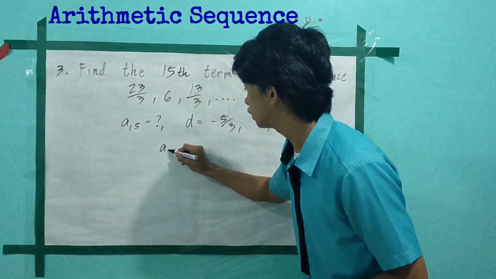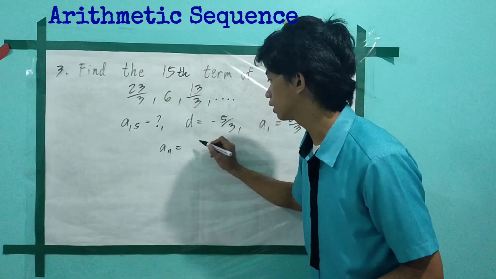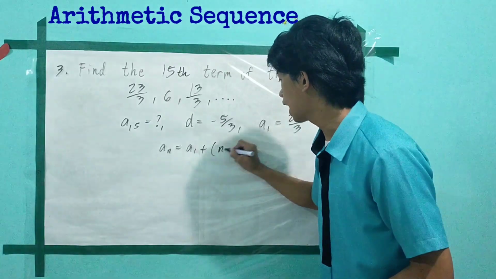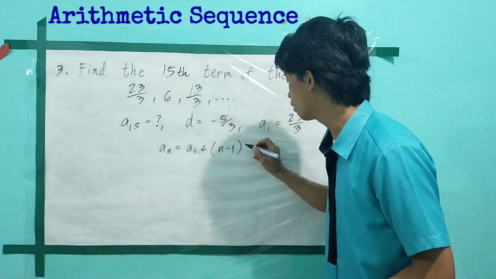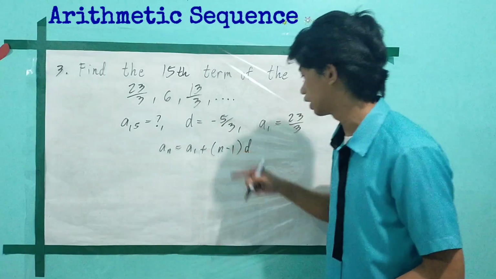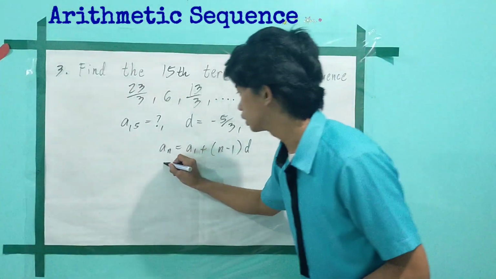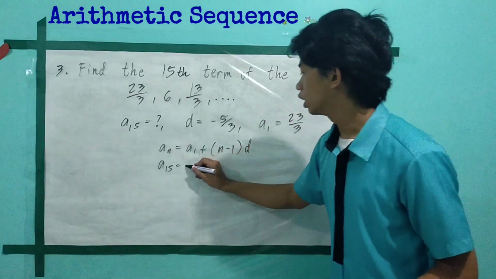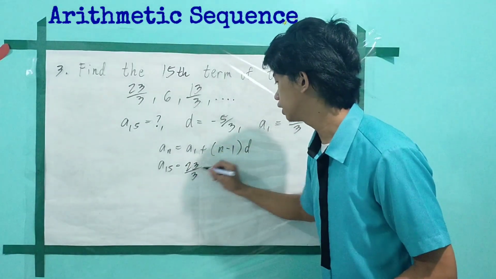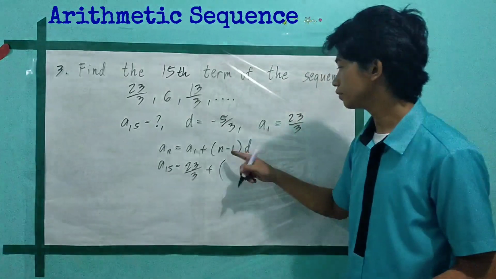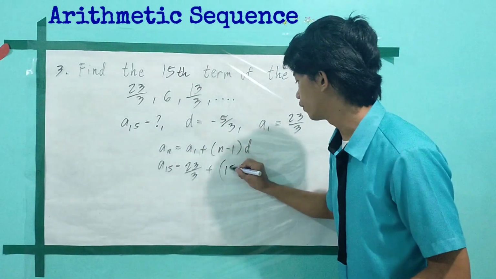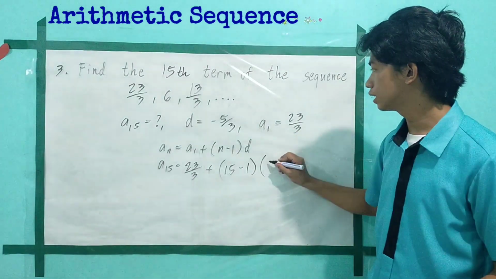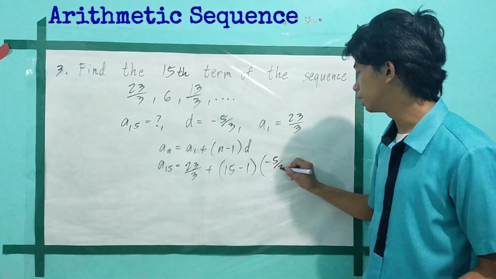Okay, gamitin ulit natin yung ating formula ng ating arithmetic sequence. A sub n is equal to a sub 1 plus n less 1 multiplied to the common difference. Ayan. By substituting, a sub 15 is equal to, ano a sub 1 natin? 23 over 3 plus, ang n natin is 15 less 1 multiplied to the common difference, negative 5 over 3.